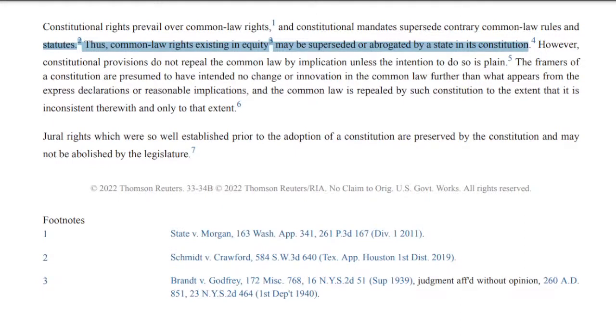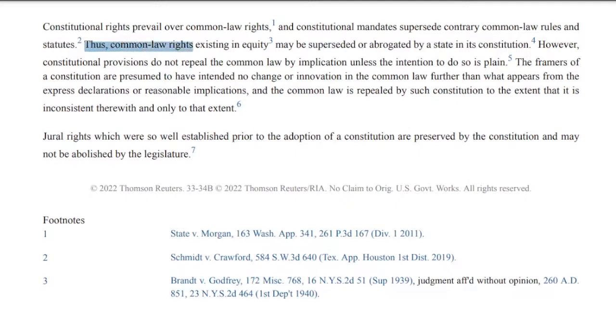So let's break this apart. I'm not going to pretend like I fully understand this now, so let's read this one more time. Constitutional rights prevail over common law rights, okay, and constitutional mandates supersede contrary common law rules and statutes. So a constitutional mandate will supersede common law rules and statutes. In other words, case precedents and such, previous rulings.